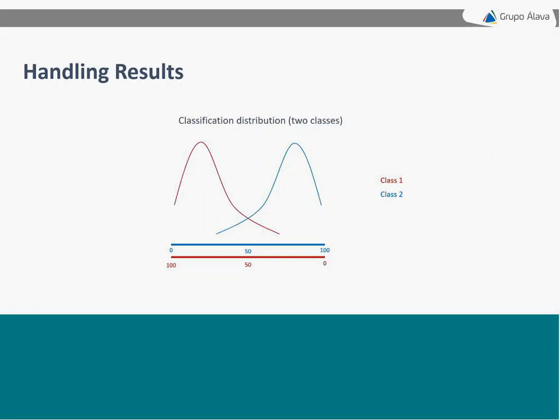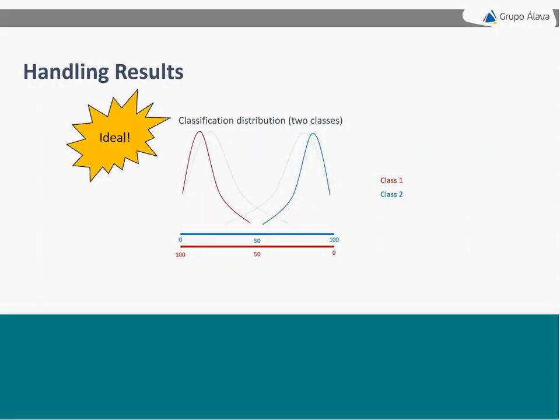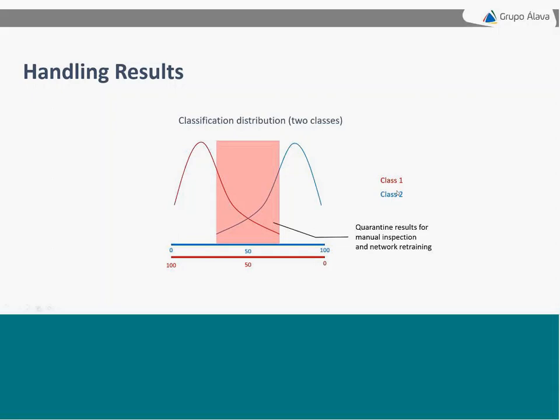So here we have an example of two classes, and the ideal is when we have high levels of difference between one class and another. But this is not the normal case, because we always have a part that overlaps, and that is the part we have to train more.